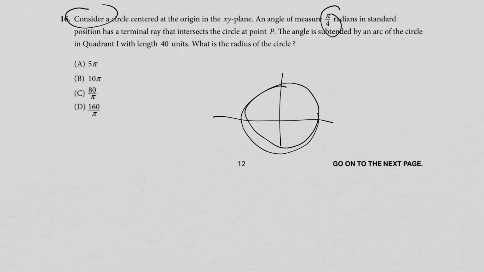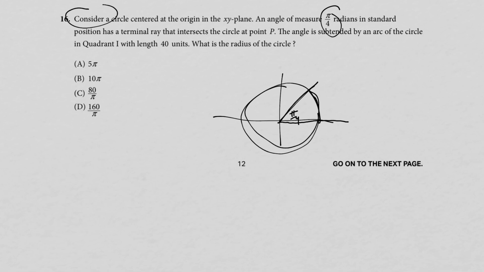Pi over 4 radians is a fancy way of saying 45 degrees. Standard position just means that one side is the positive x-axis and the other side is when you rotate it 45 degrees counterclockwise. The angle is subtended by an arc. Okay.